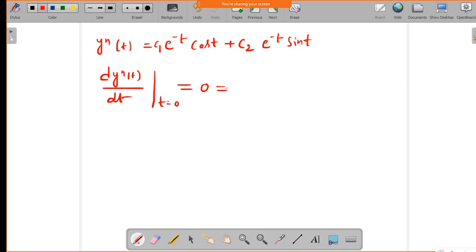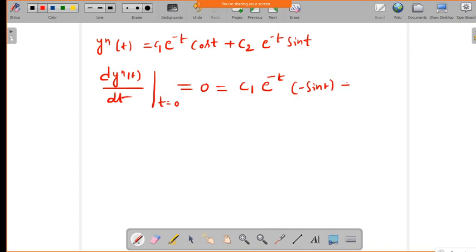So if you differentiate it, first you differentiate this and keep the other constant: e power minus t, and differentiating cos t gives minus sin t.